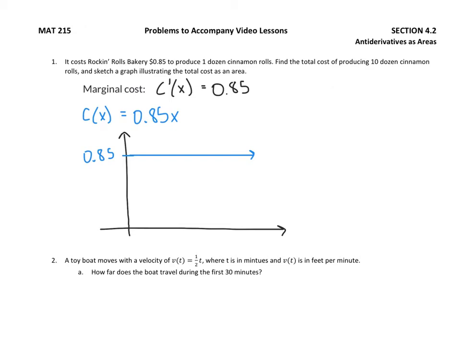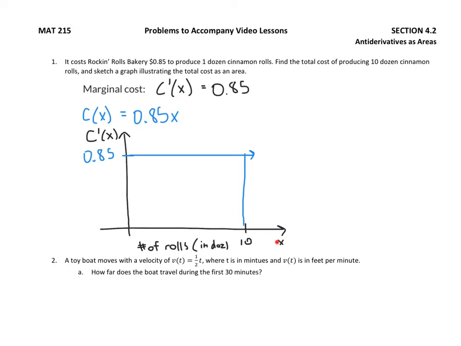So out here at 10 along the x-axis, if we think about the area that's formed by the cost function for 10 dozen cinnamon rolls, it's going to create a rectangle. So we want to find the area of this rectangle.